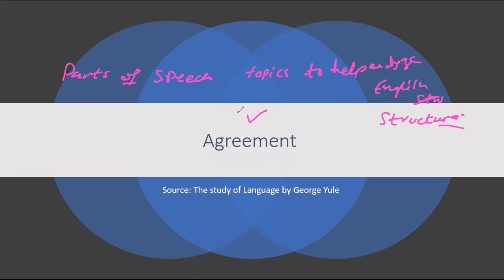And we got to pay attention to agreement related to those concepts. Now let's see what those topics are.